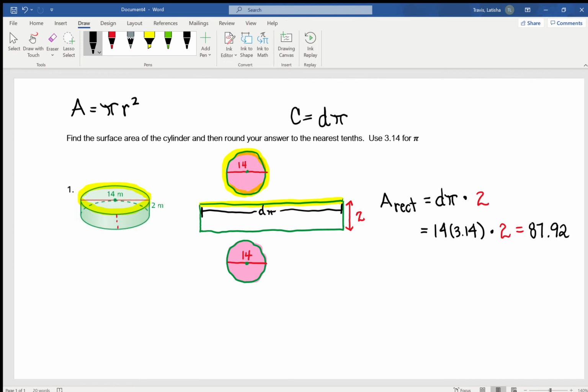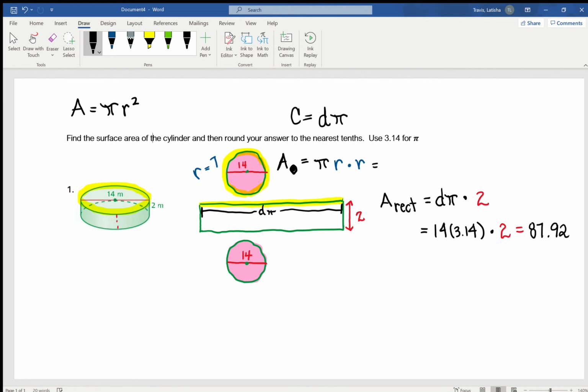So in this situation, the radius is, and I'll do the radius in blue, just to use colors to make things more simple. The radius is going to be 7. It's going to be half the 14. Okay? So in our formula, the area of the circle, and I'll just draw a little circle here to represent the area of the circle, is going to be equal to pi and then r squared, which is r times r.